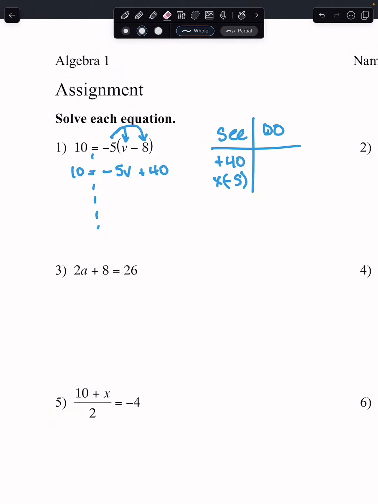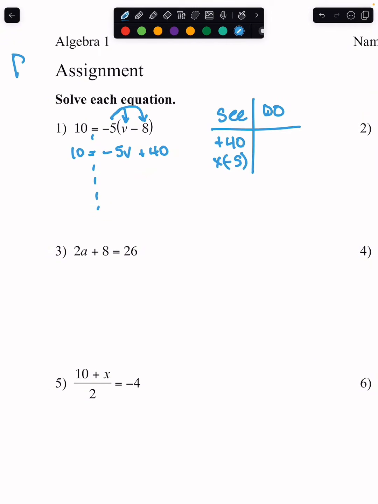Now, before now, you've learned the order of operations, and the order of operations was PEMDAS. But remember, addition and subtraction are equivalent in their orders, and you've got multiplication, division, whatever comes first.